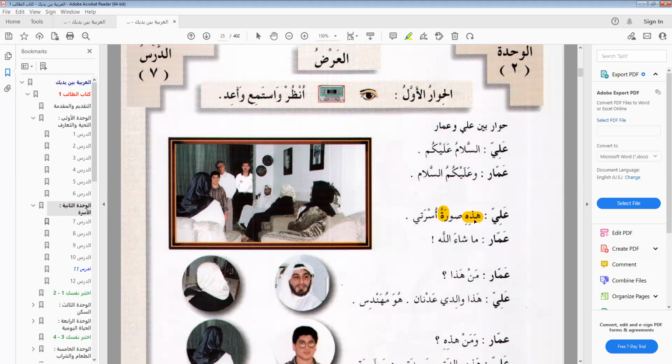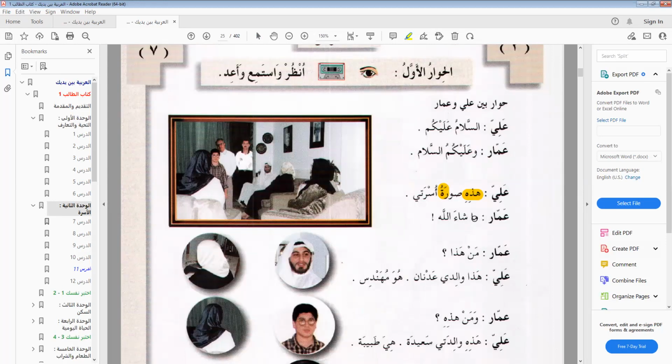This is my family picture. هذه is this. Don't forget we talked about this. صورة, picture, أسرتي, family. So you translate this as هذه صورة أسرتي. This is my family picture. Then the guy says, MashaAllah.